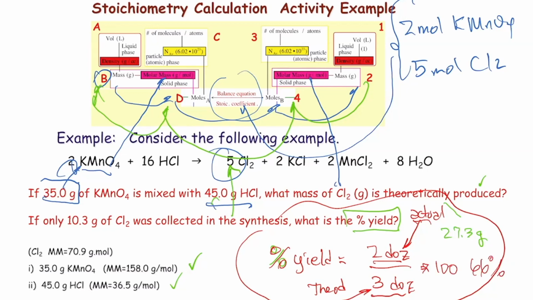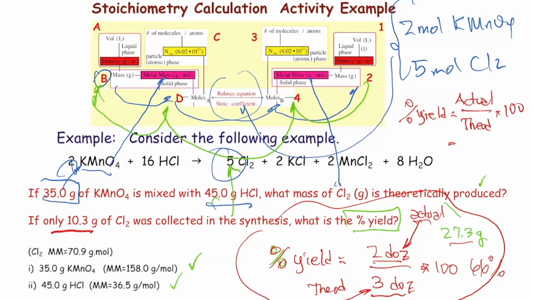So if you only were able to isolate 10.3 grams of chlorine, that's the actual, but this is the theoretical, 27.3, based on everything converting over, no waste, then the percent yield will be the actual over the theoretical times 100.